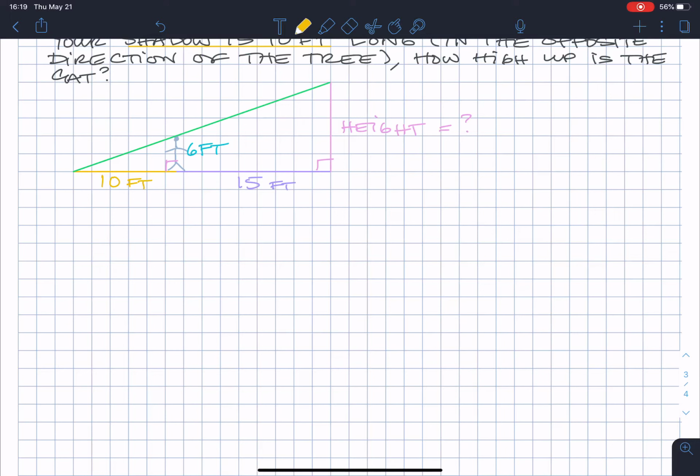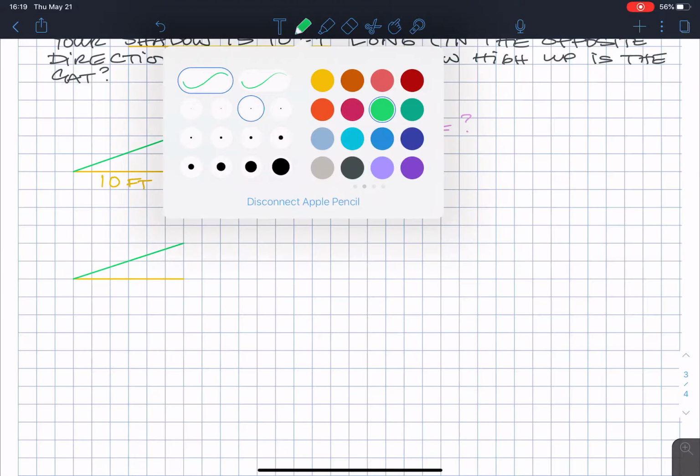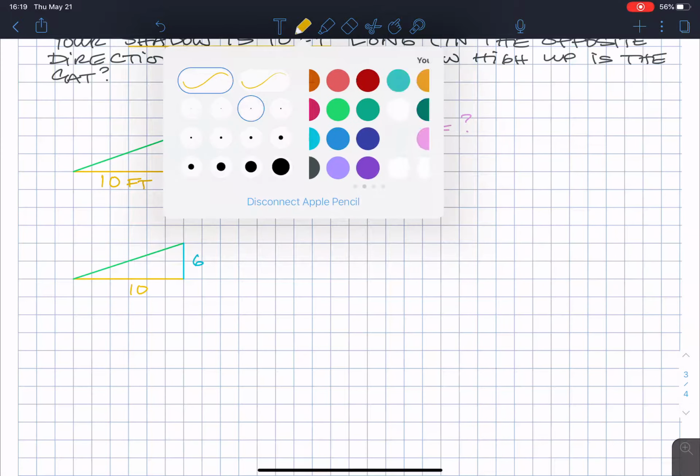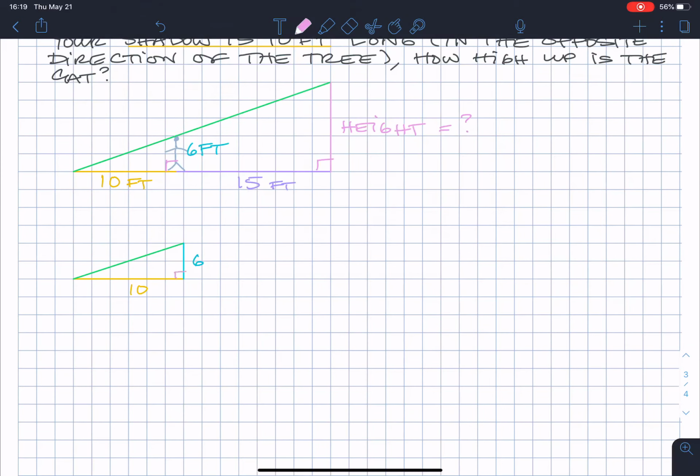So redrawing, I have the first triangle, 10 feet, and I'm 6 feet tall, right? This is what the triangle looks like. So 6, 10, and a right angle.